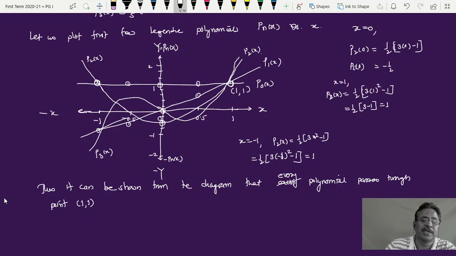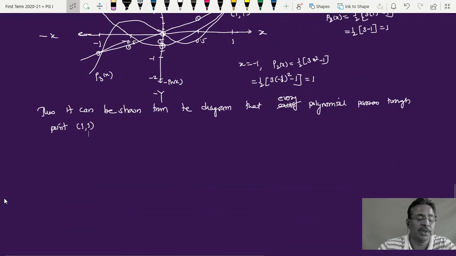So this is one speciality here. So it can be shown from the diagram that every polynomial passes through the point 1 1.